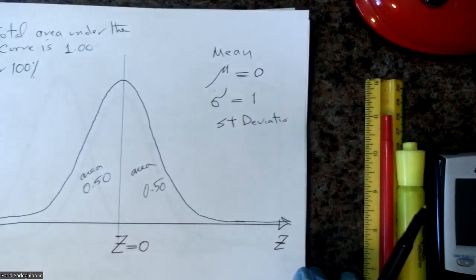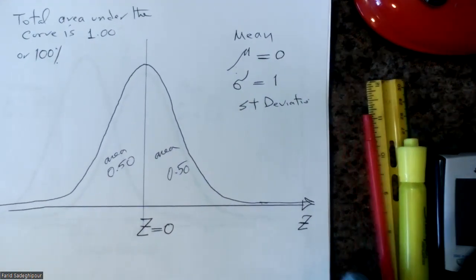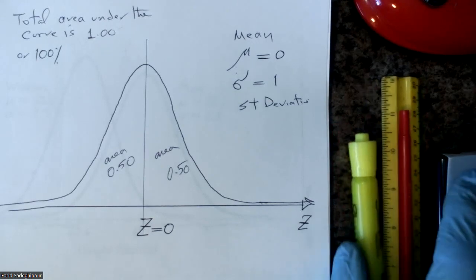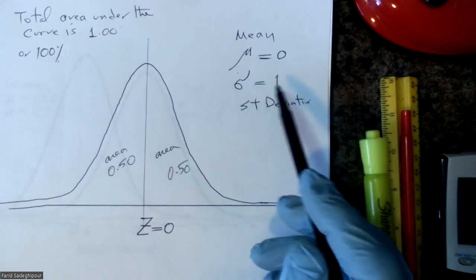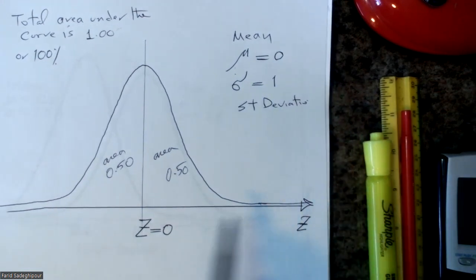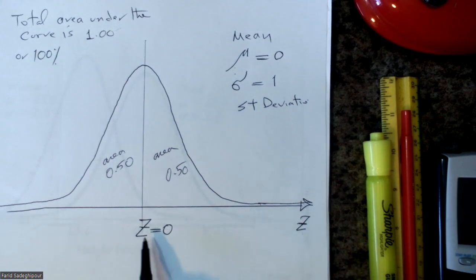Now, we understand from the previous section that there is a normal distribution for the standard curve. The standard curve is the one that has a population mean of 0 and a standard deviation of 1. In that case, the horizontal axis is the z, and the mean, using the z value here, is equal to 0.